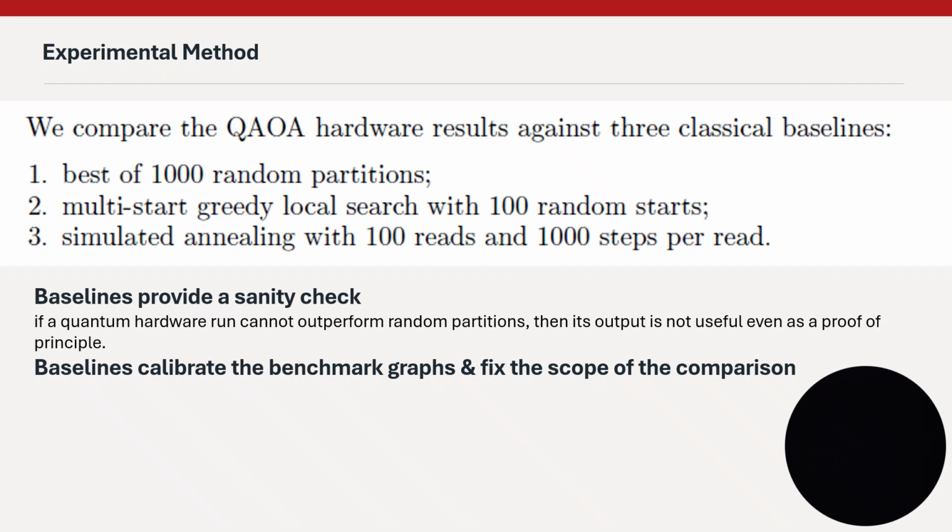They calibrate the benchmark graphs and fix the scope of our comparison. The 3 benchmarks we'll be using are respectively best out of 1,000 random partitions, a multi-start greedy local search algorithm with 100 random starts, and a simulated annealing algorithm with 100 reads at 1,000 steps per read.